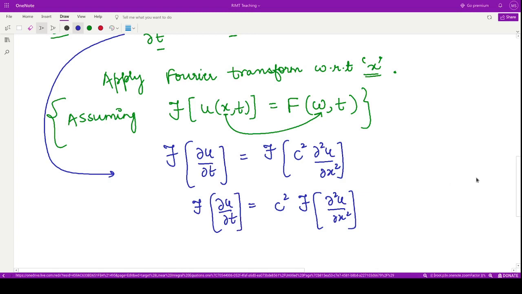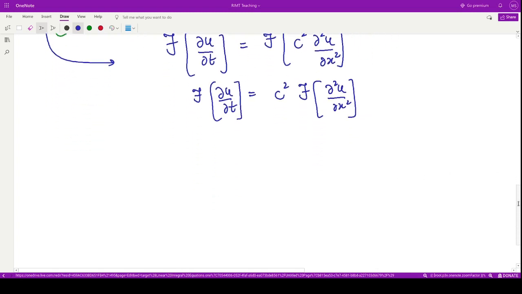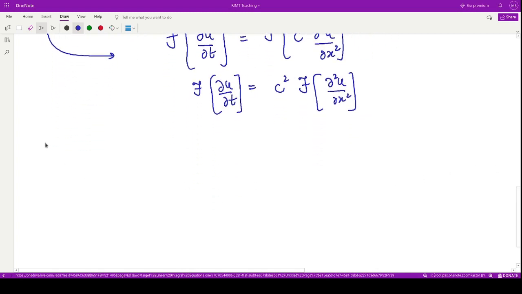Now because we are applying the Fourier transform with respect to the variable x, therefore here the Fourier transform of del u by del t would simply become equal to del by del t of the Fourier transform of u, right? And what is this?